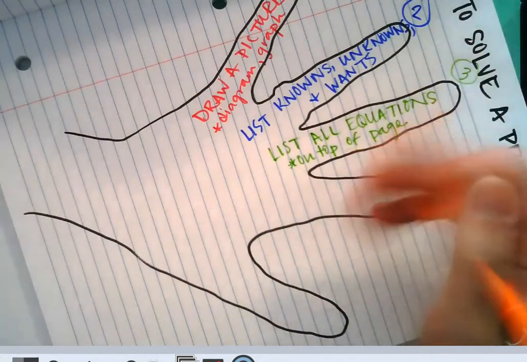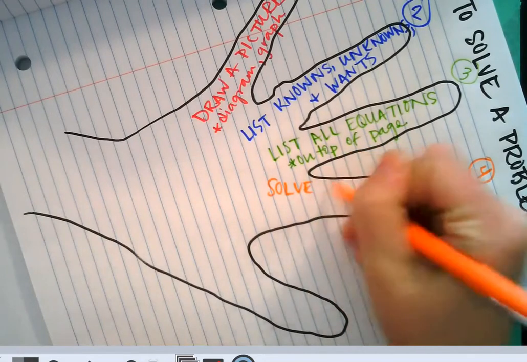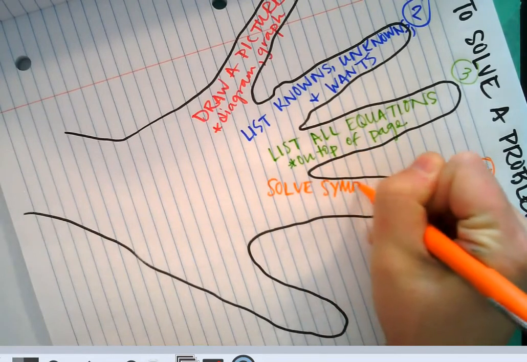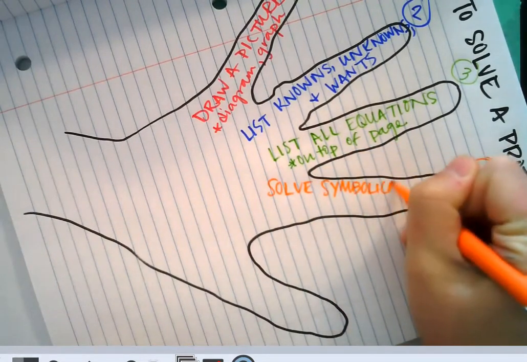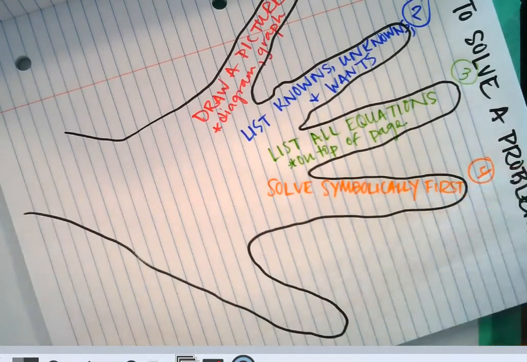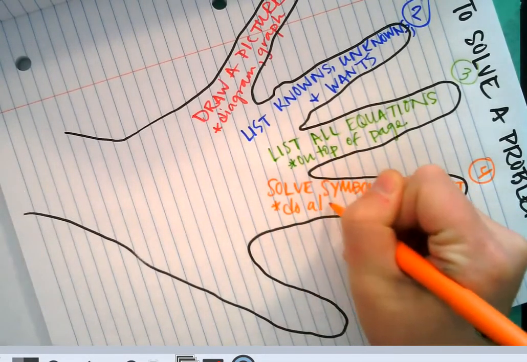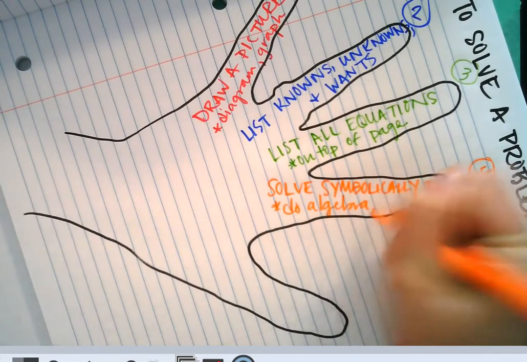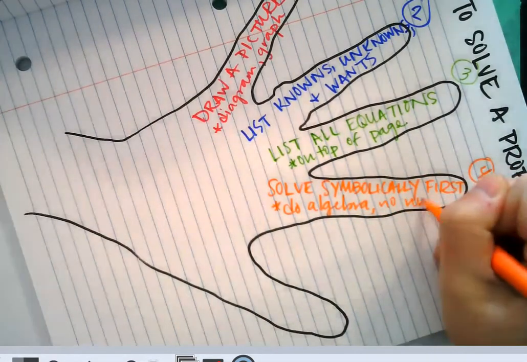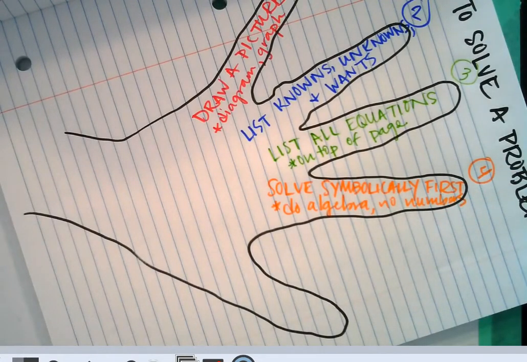Number 4. Solve symbolically first. That means do algebra without putting in the values you've been given in the problem.